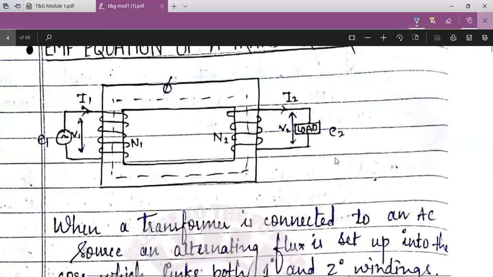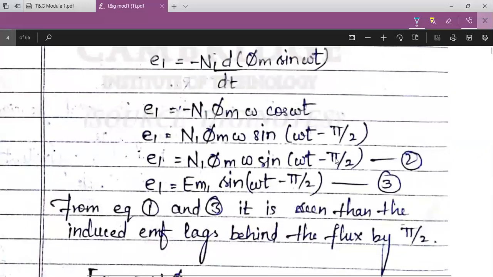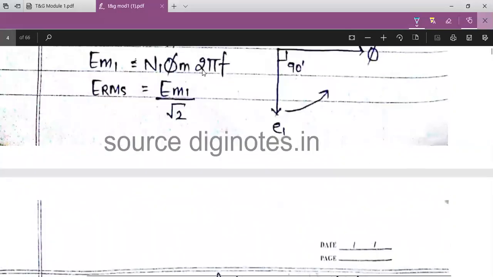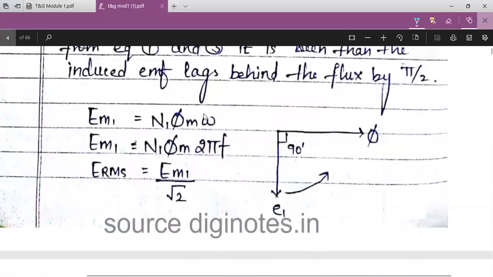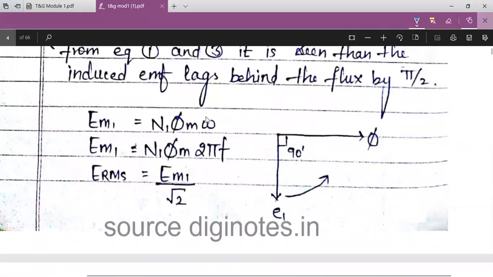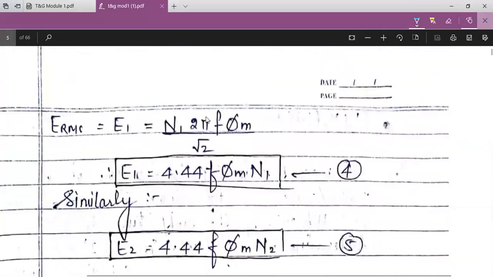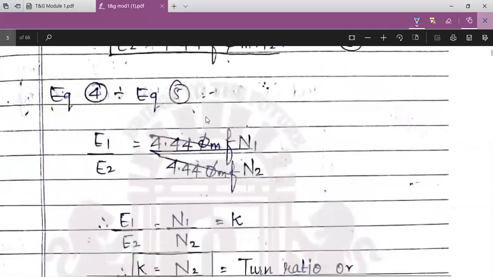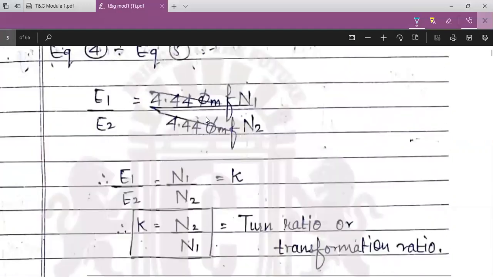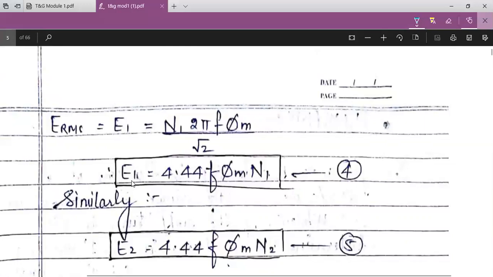Just remember this EMF equation, N1 phi m into 2 pi f, or else you can write omega. So E1 is nothing but the EMF of the primary side. This capital E1 is the RMS value of voltage, and these two are written in terms of RMS values.